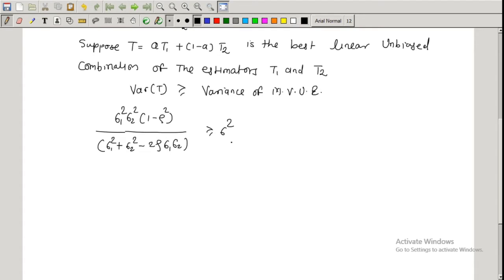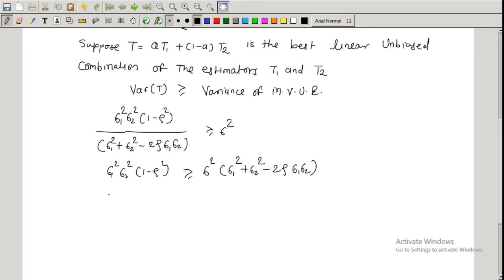If first we take this term to this side, we will get sigma 1 square, sigma 2 square, 1 minus rho square, which is greater than or equal to sigma square into sigma 1 square plus sigma 2 square minus 2 times rho sigma 1 sigma 2. So to get the values of E1 and E2, we divide both sides by sigma raised to 4.